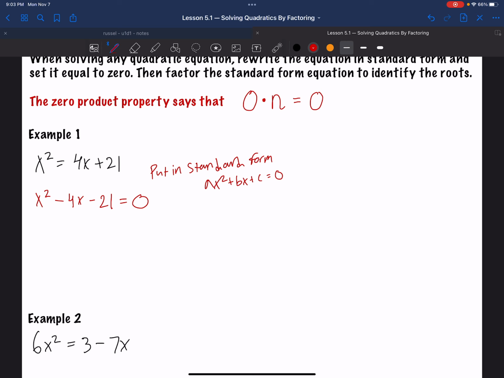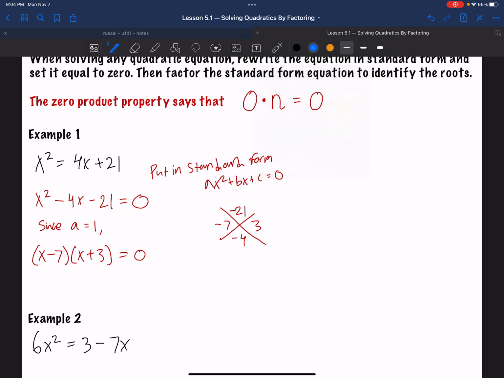So I'm going to factor this using my little factoring puzzle, negative 21 and negative 4. And I see that negative 7 times 3 gets negative 21 and adds to get negative 4. Now, since a equals 1, I don't have to factor by grouping. I can just use a shortcut, and say that this factors as x minus 7 times x plus 3, which equals 0.